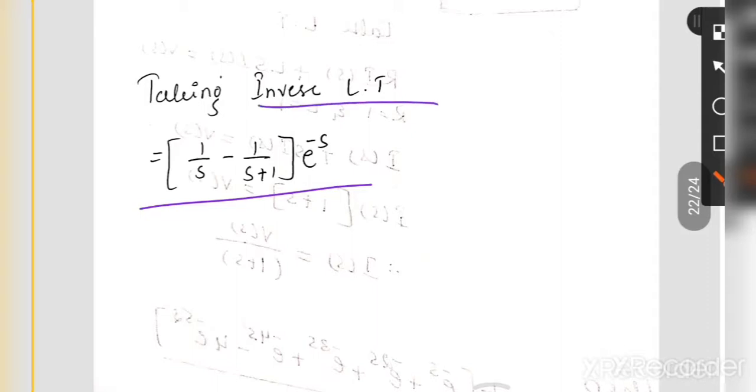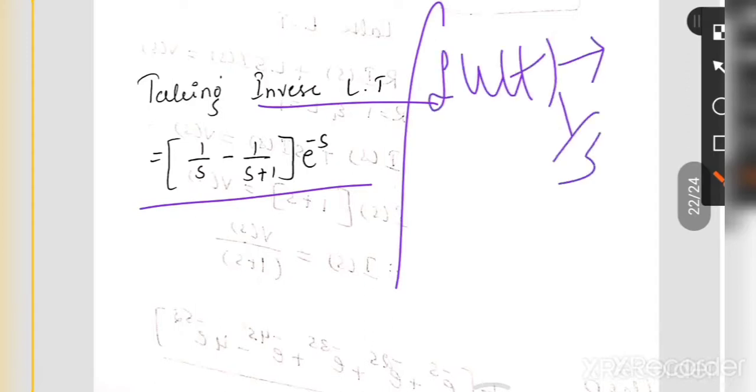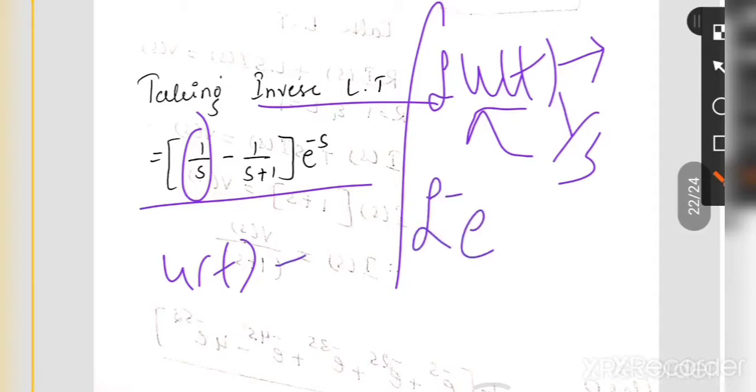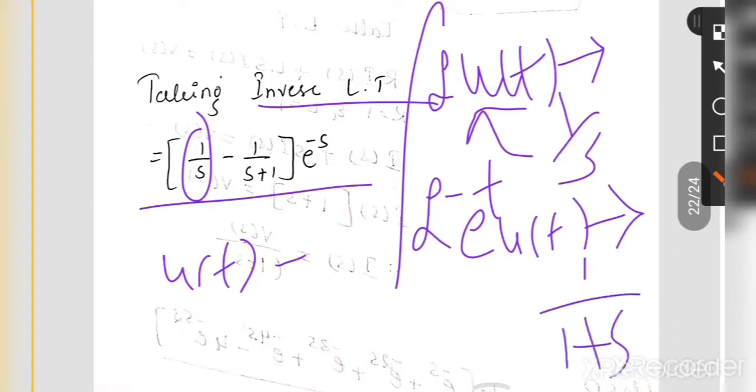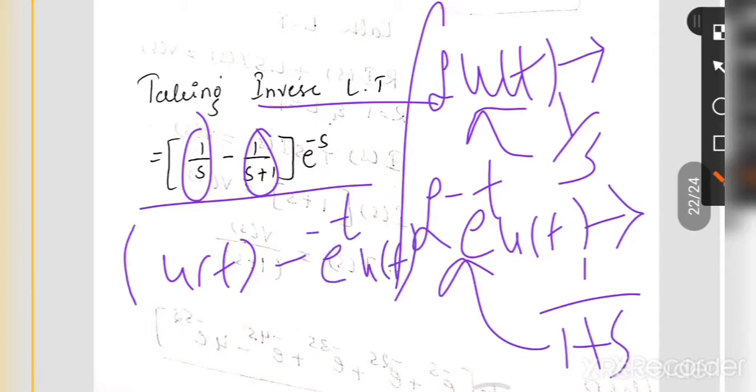Before finding the inverse Laplace transformation, we know the Laplace transformation of u of t is 1 by s, so the inverse Laplace transformation of 1 by s is u of t. As we know, the Laplace transformation of e raised to minus t into u of t is 1 divided by 1 plus s. Similarly, the inverse Laplace transformation of 1 by s plus 1 is e raised to minus t into u of t. So we get u of t minus e raised to minus t into u of t.